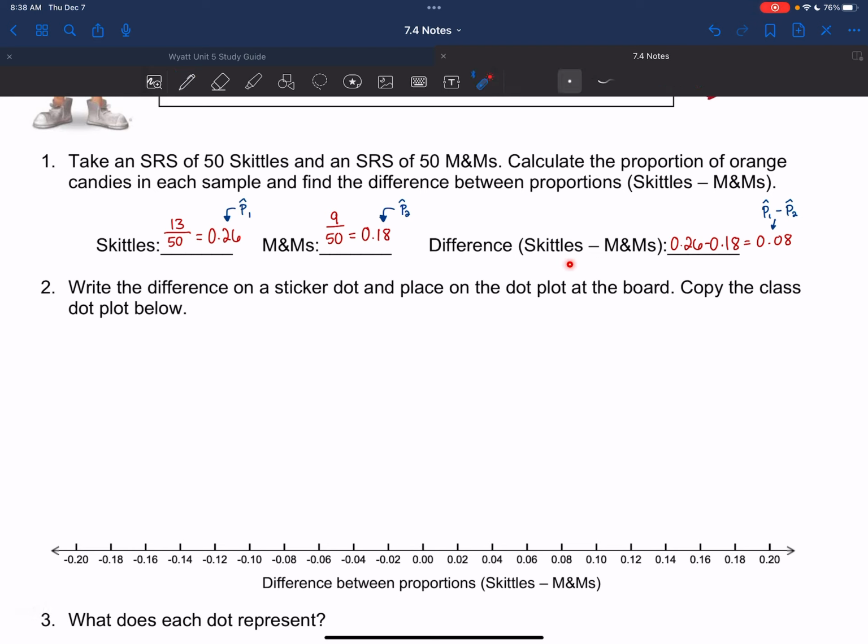So I've got a dot on negative 0.08, 1 on negative 0.06. I've got 3 on negative 0.04. I've got 4 on negative 0.02. 5 on 0.